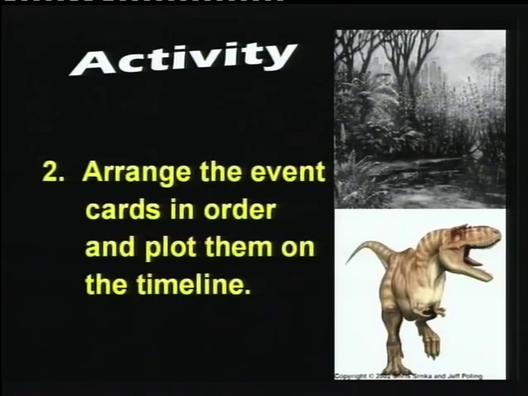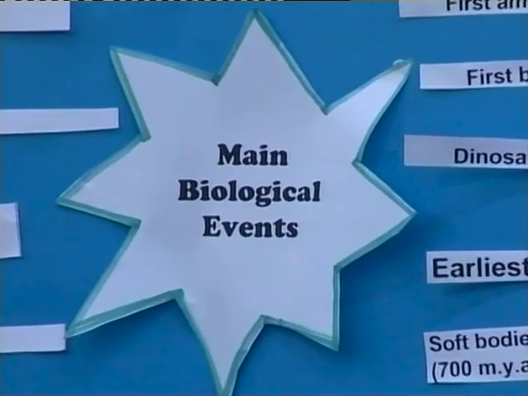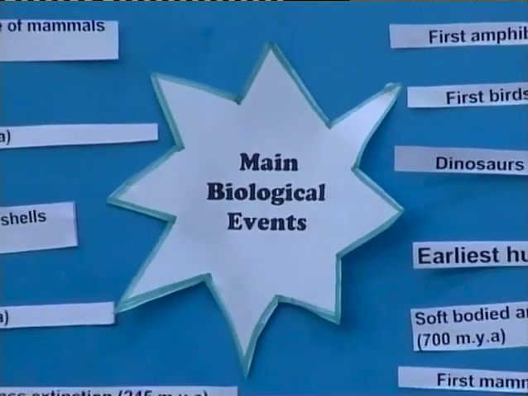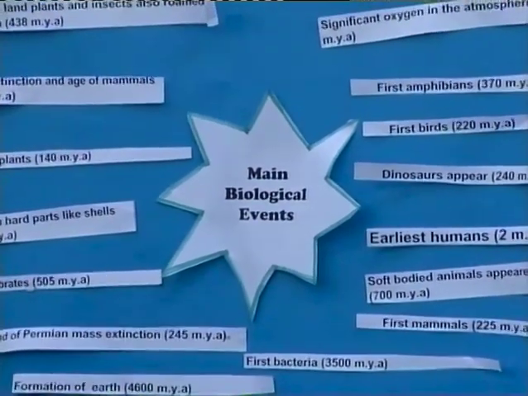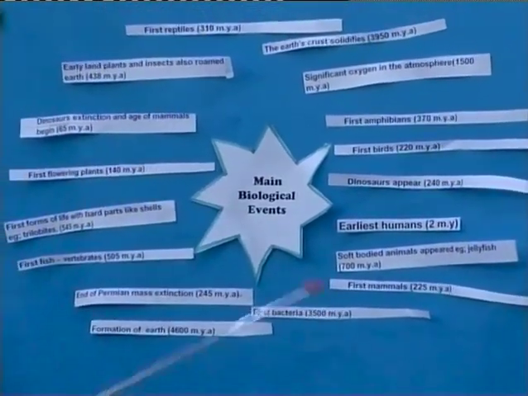On the whiteboard, I have a chart to show you the general events that took place in the past. All looking up here. Next to these events, these are the main biological events, and there are altogether 17 of them.